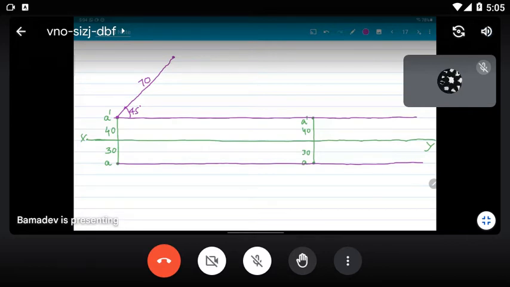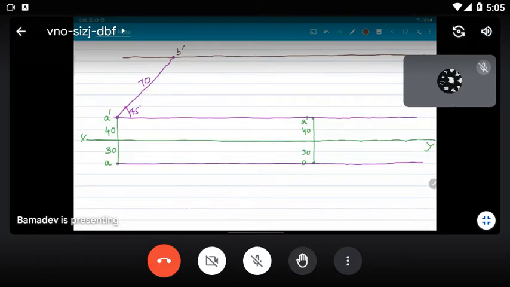Now, another straight line here. Okay. Now, the same straight line is making an angle. How much angle with the vertical plane? 30 degree.